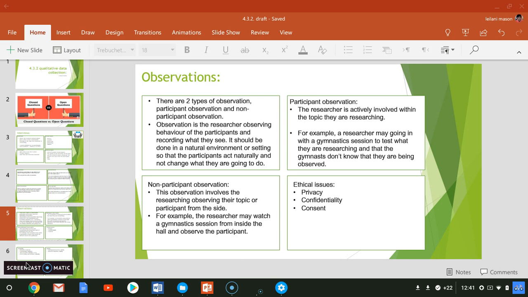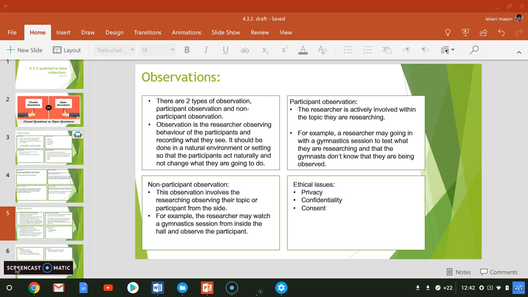Non-participant observation is the opposite. So the observation involves a researcher observing their topic or participant from the side. So for example, the researcher may be researching how gymnasts deal with pressure in a competition situation.